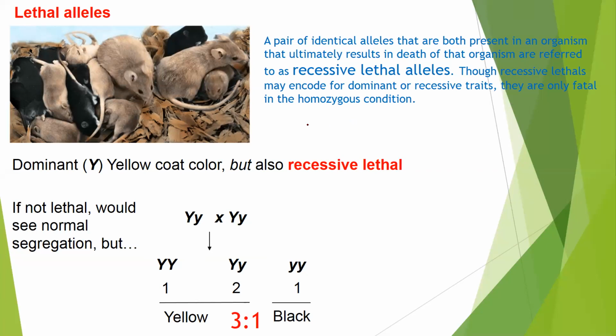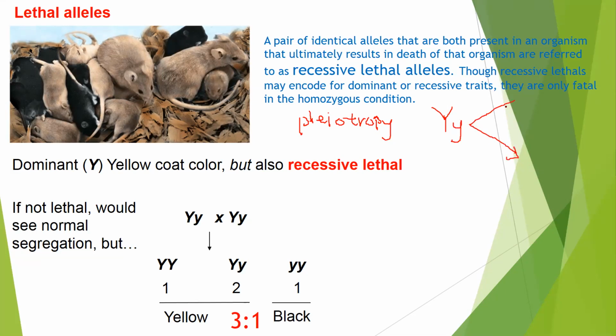When we talk about the lethal allele, I introduced another term, pleiotropy. This means the same gene, let's say the big Y and small y, can determine two phenotypes here.